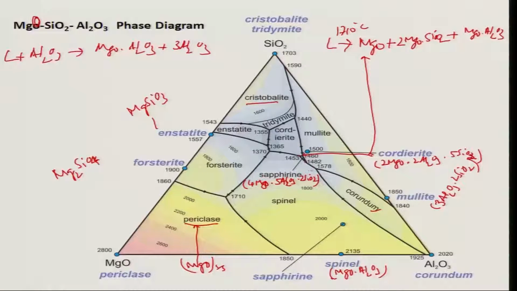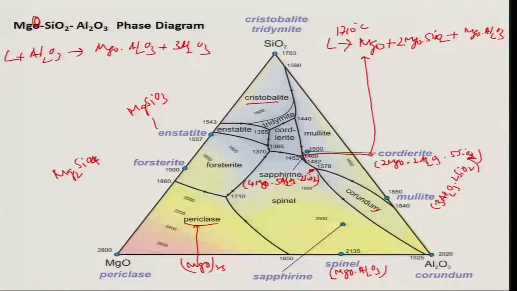I think this is somewhere there, leading to formation of Al2O3, not this one, somewhere else, this one is the front. This will lead to formation of MgO Al2O3 and Al2O3 is a corundum, correct.